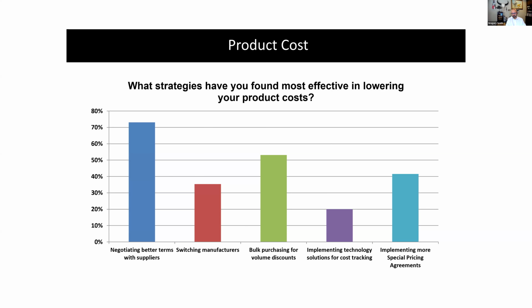But if you look at the high EBITDA distributors, that number is closer to 50, 60, 70% of their through stock revenue tied to some sort of an SPA, right? Special pricing agreement. So yes, they're a lot of work, but there's a lot of incremental margin if it's done right.